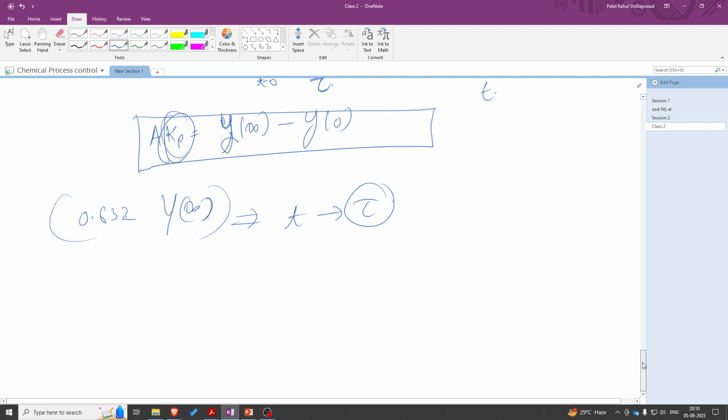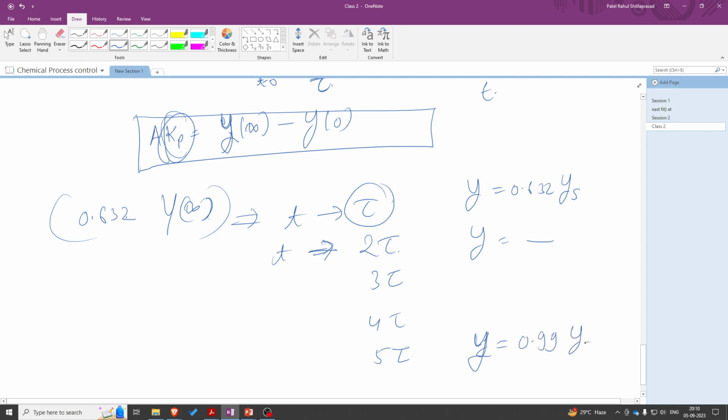So if we again find the response at time t equal to 2 tau, over here we have y equal to 0.632 of ys. Similarly, we can find at 2 tau, 3 tau, 4 tau, and if we keep on doing this, at 5 tau we can see that the response will become 0.99 times the steady state.